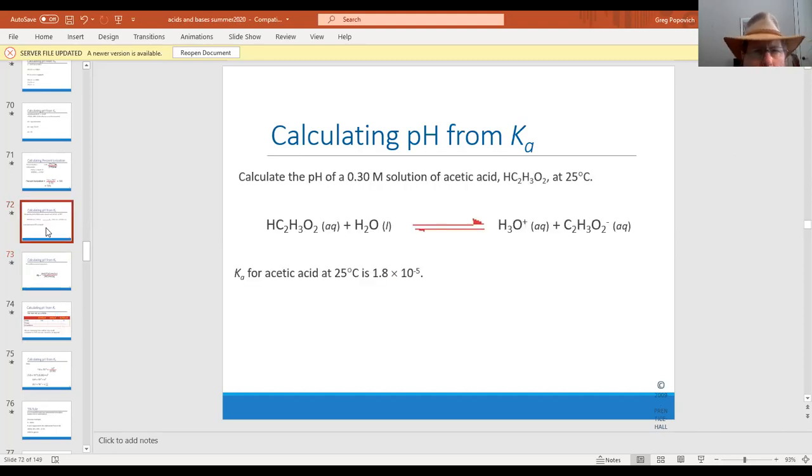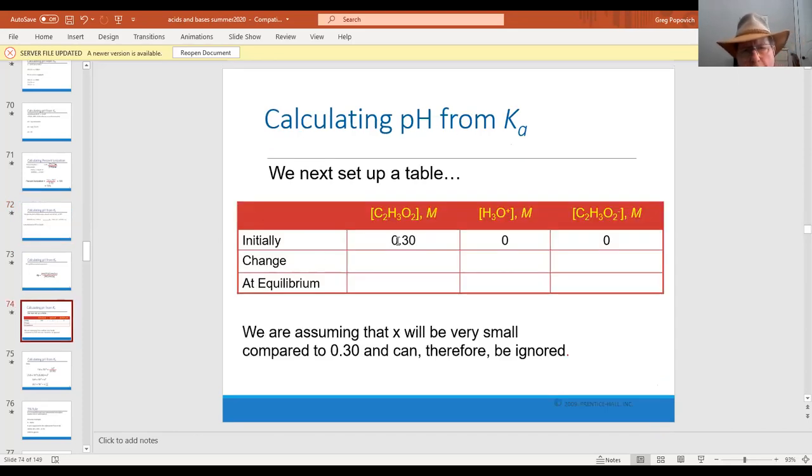Manuel, what do I have originally? You have 0.30 molar of acetic acid. Do I have any H3O or acetate? You do not. So I have 0.30, and 0 and 0.